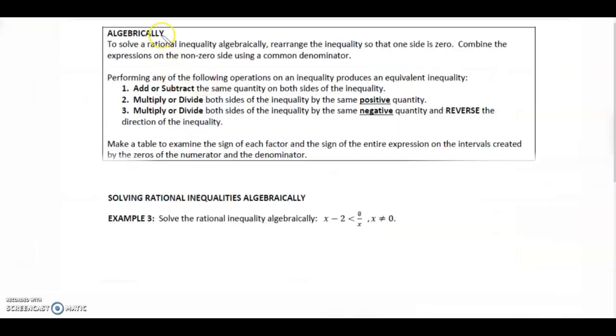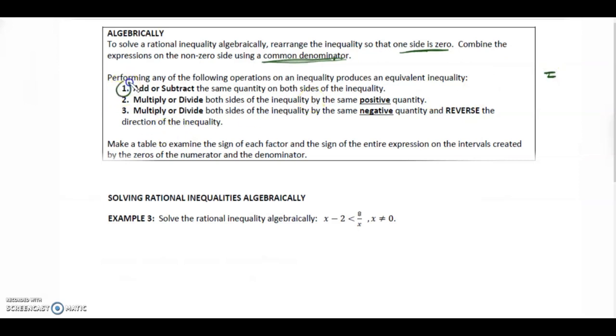So to solve a rational inequality algebraically, we rearrange the inequality so that one side is 0, and then we combine the expressions on the non-zero side using a common denominator. We kind of just did that anyways. Performing any of the following operations on an inequality produces an equivalent inequality. Inequalities are treated just like equal signs except for one rule.